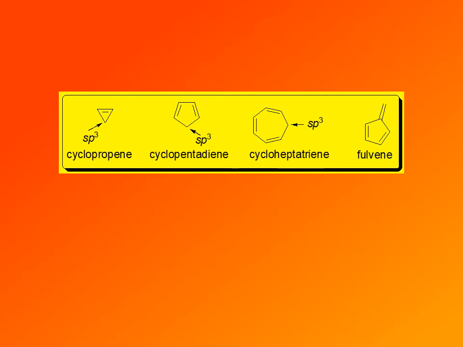Of course, not every species is aromatic or anti-aromatic. Some cyclic systems don't exhibit electron delocalization of that type. So some cyclic systems don't have a closed loop of delocalized pi electrons, and then they are neither aromatic nor anti-aromatic.